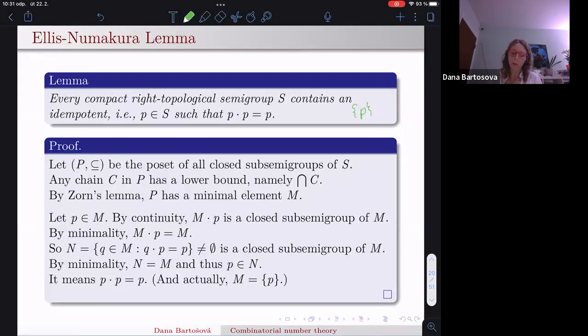There's nothing non-trivial below it. So I will first establish that a minimal subsemigroup exists, and then I will show that it has to be just a singleton. So if we want the minimal element or maximal element, as we had it phrased last time, then we can turn to Zorn's lemma. So here we are going to use it in a flipped direction.